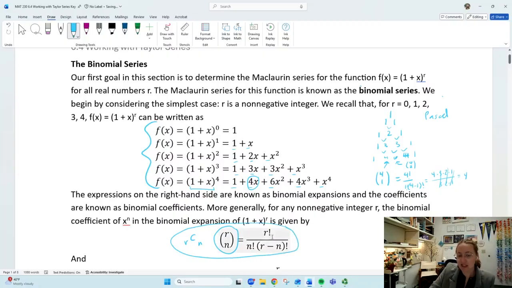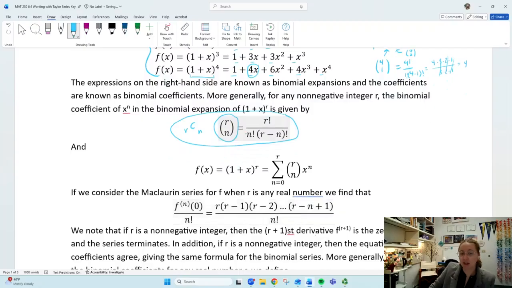There's a little bit easier formula to write instead of this, because there's a lot going on in the denominator. If we think about it, these 3 factorial actually canceled out. So everything after however many r minus n values there were cancel out.